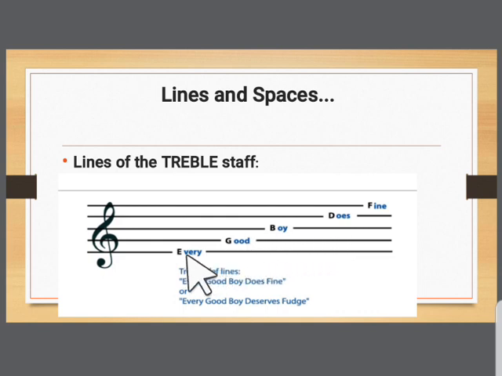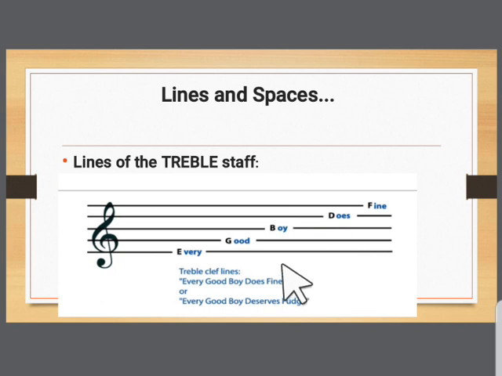The first line will be every, the second line good for G, the third line boy for B, the fourth does for D, and the last line fine for F. So every good boy does fine.